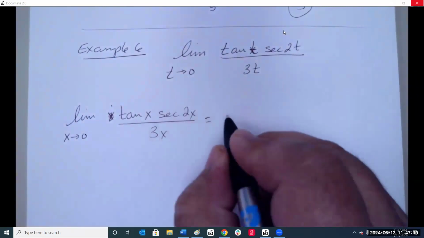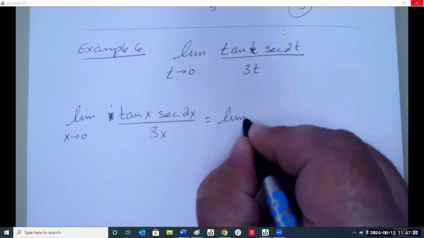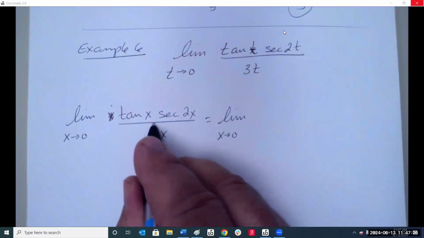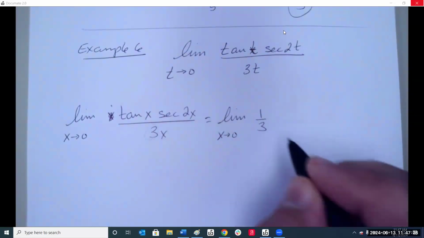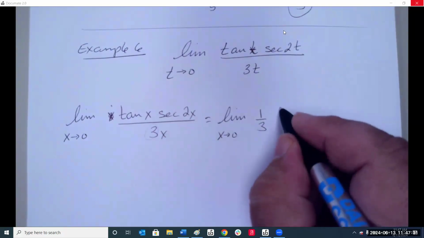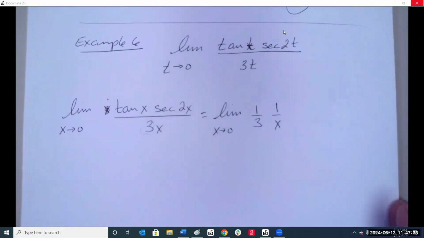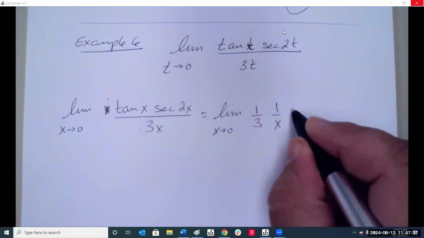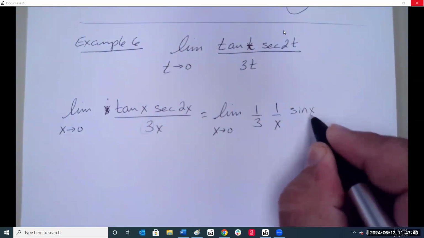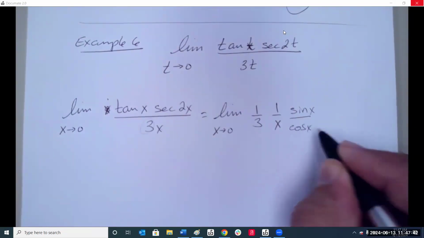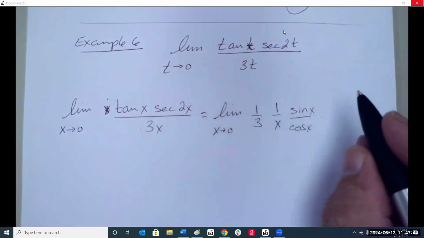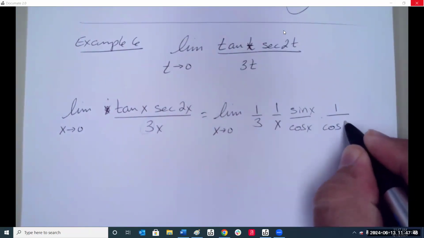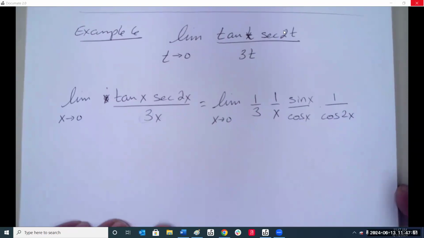So what do we have for sure here? We have the limit as x approaches 0. This becomes 1 over 3. That one is 1 over x. Tangent is what? Sine over cosine. And then secant is 1 over cosine 2x.